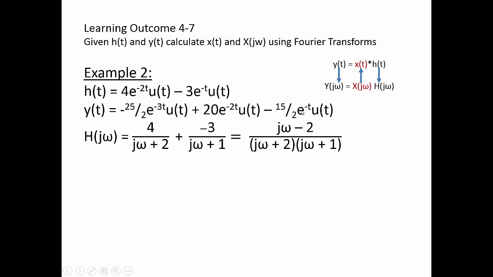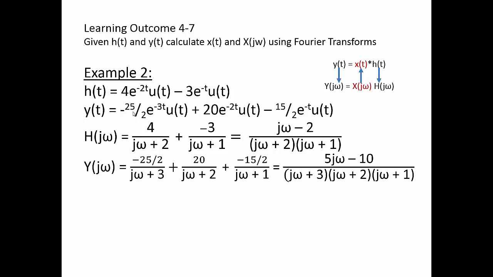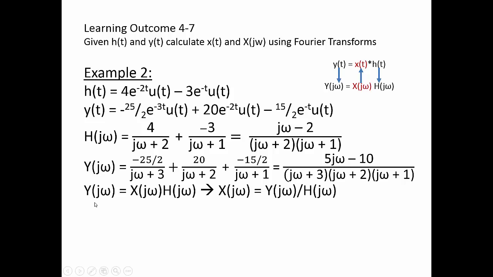What's the transform of each of these terms for our y of t? Now recall that if y of j omega is x of j omega times h of j omega, we can solve for x of j omega being y of j omega divided by h of j omega.